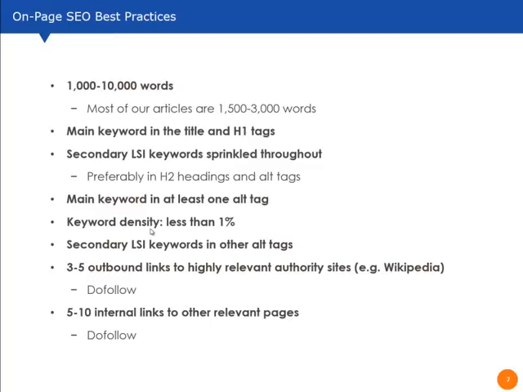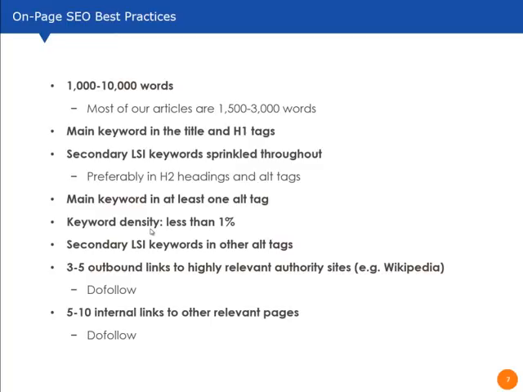Outbound links, you definitely do want to have at least 3 to 5 highly relevant outbound links going to authoritative sites such as Wikipedia or well-known news sources. You want to make these do follow. You want to show Google that you're providing great content and have these outbound links to other websites.